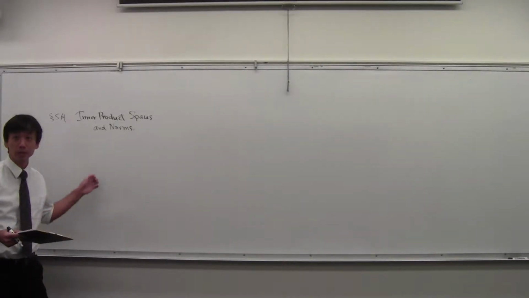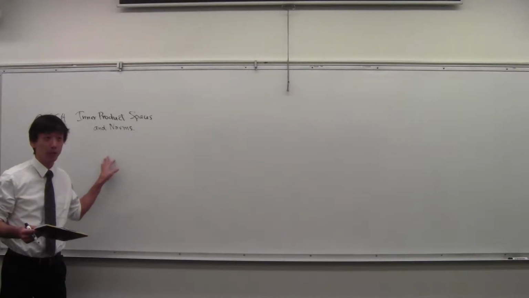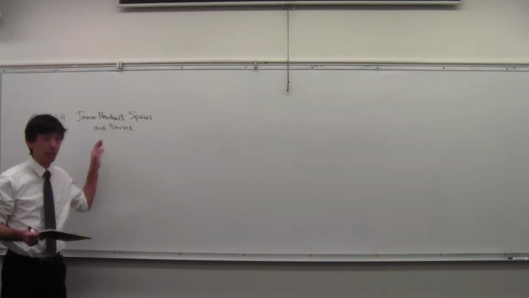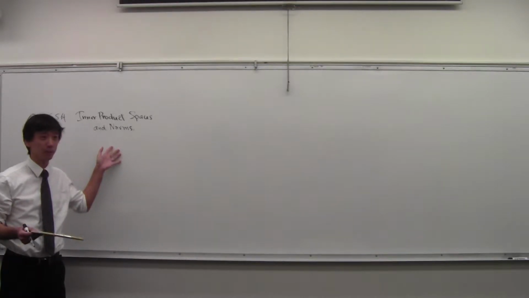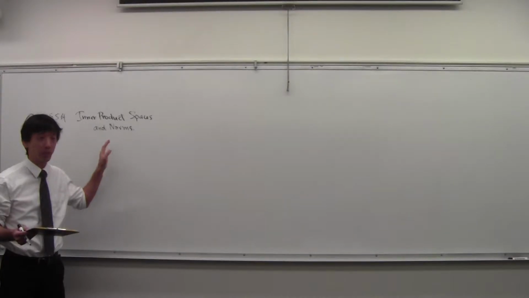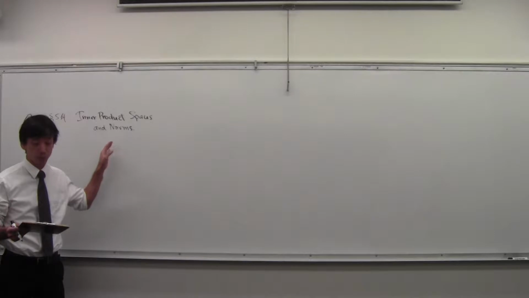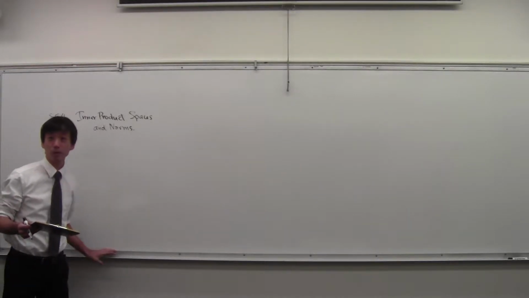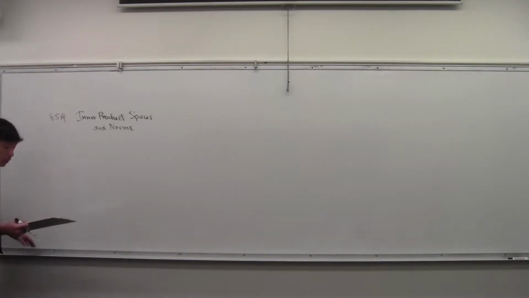Okay, and it's going to turn out that a lot of the things that we did for the dot product, we can get in the abstract vector space case. So if we have the Pythagorean theorem, we'll be able to do that in the abstract vector space. Cauchy-Schwarz inequality, this sort of thing, will all work in these abstract settings.